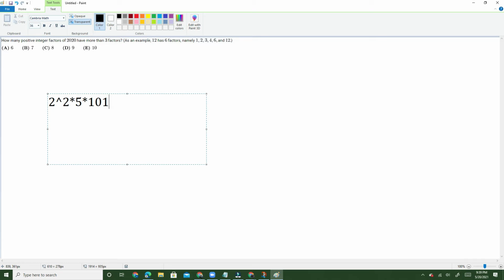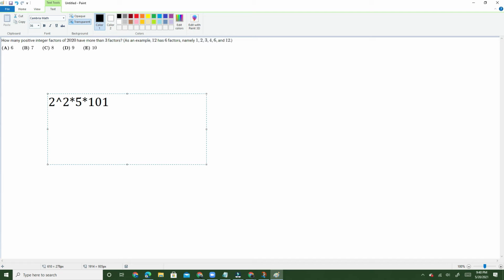So then there's this special formula that can find out the number of factors of a number based on its prime factorization. Now this method is really useful in a lot of competitions, so make sure to take note of this. So what we'll do here is add 1 to each exponent.